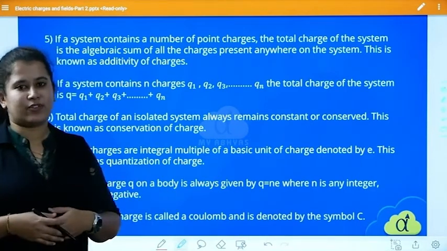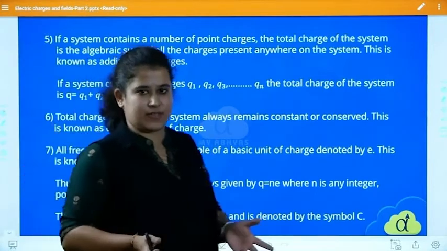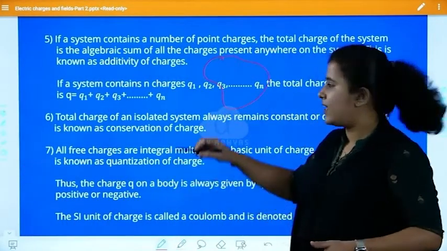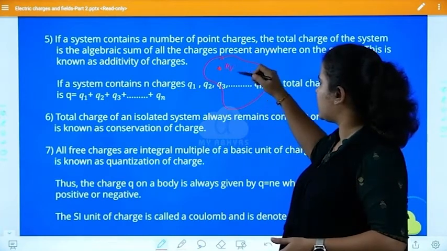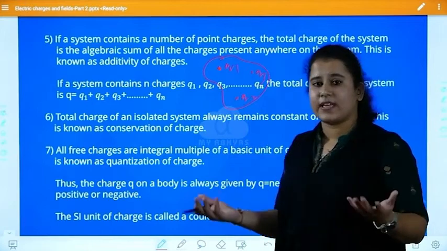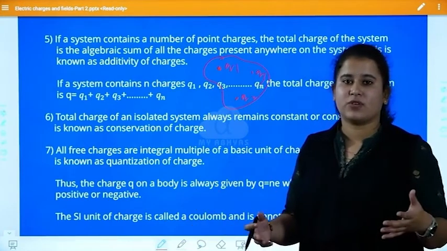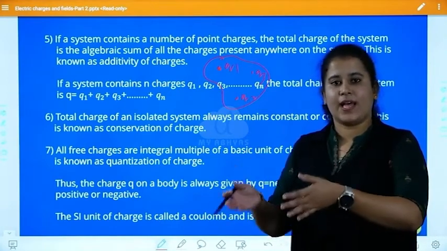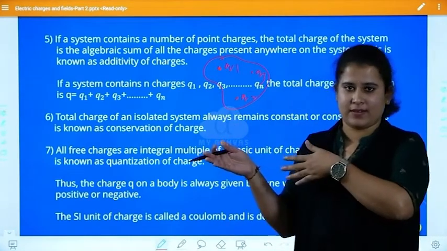Similarly, in additivity of charges, whenever I take a surface like this, if there are charges here, if it is Q1 and this is Q2 and this is Q3, then how can I give the total charge? I can give the total charge by Q1 plus Q2 plus Q3 and so on till Qn. Clear?